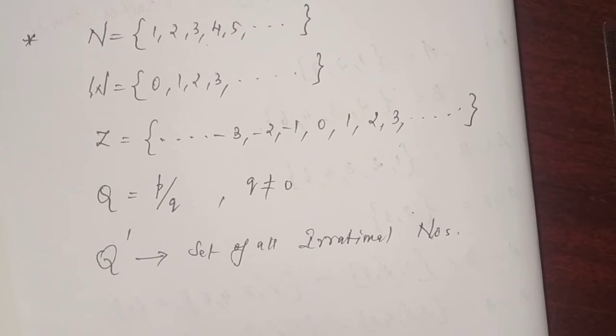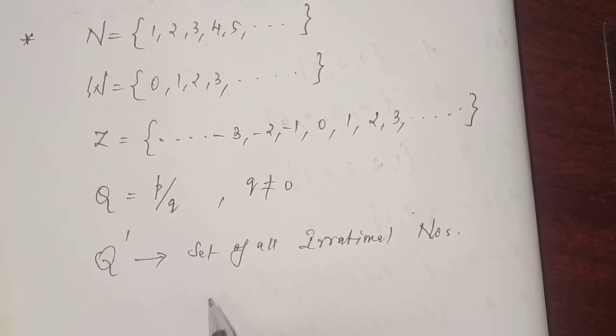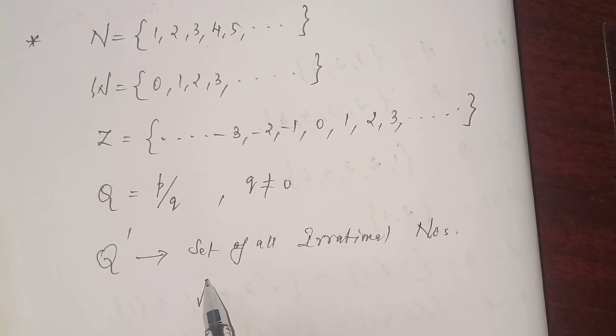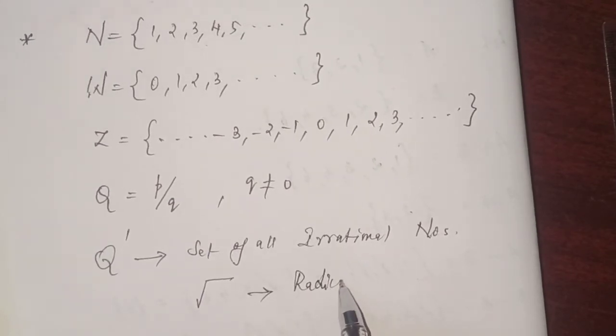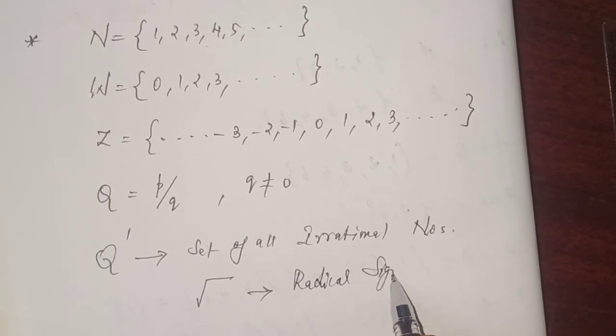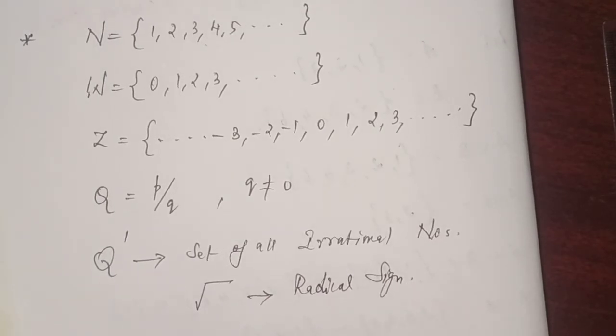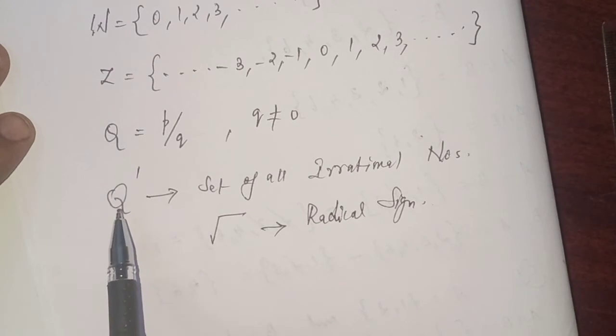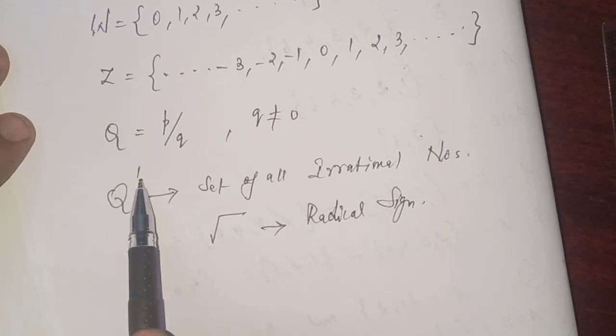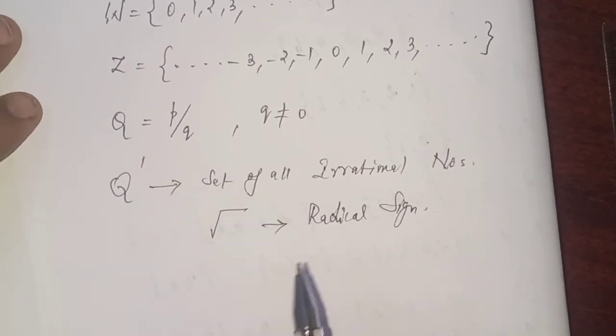At the same time, numbers in the form of a radical sign. Radical sign, you know that? This is a radical sign. That is also an irrational number. For example, root 2, root 3 and all are irrational numbers. So this one is rational; the rational complement is irrational. So I have mentioned Q dash.